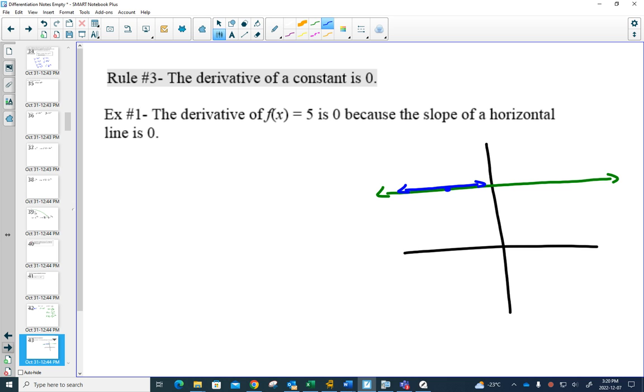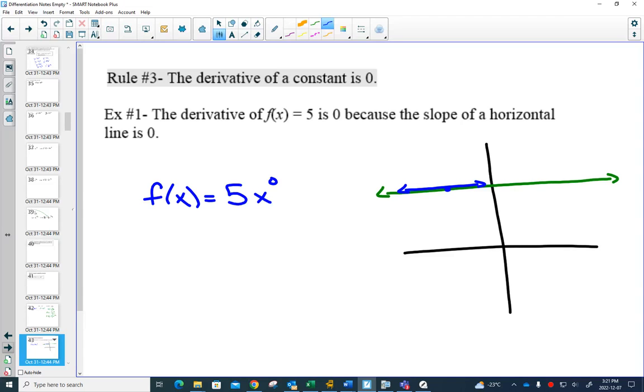If you wanted to use the power rule to prove the derivative of a constant is 0, check this out. Is that the same thing? All right, good luck. X to the 0 is 1. So this would be the same thing. Then what does my power rule say?